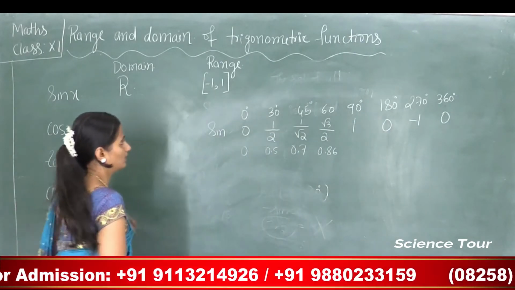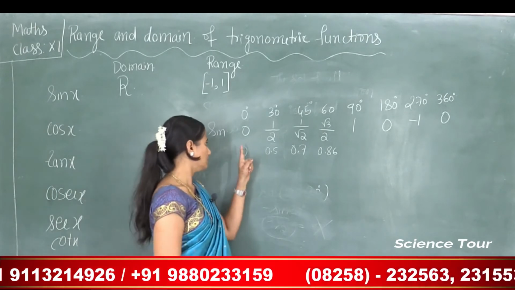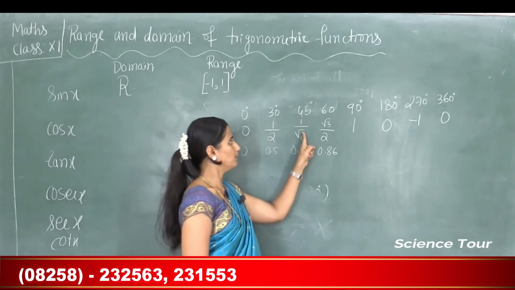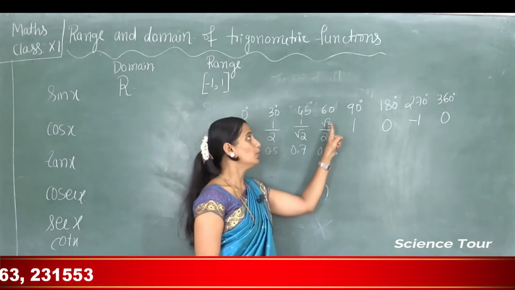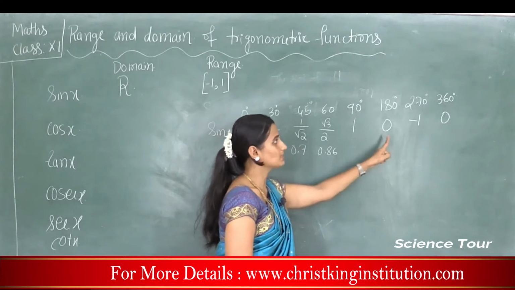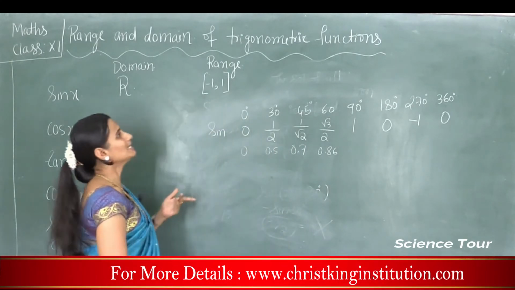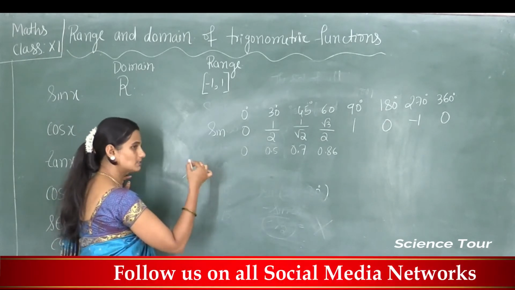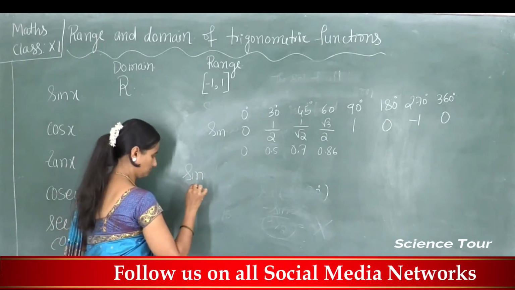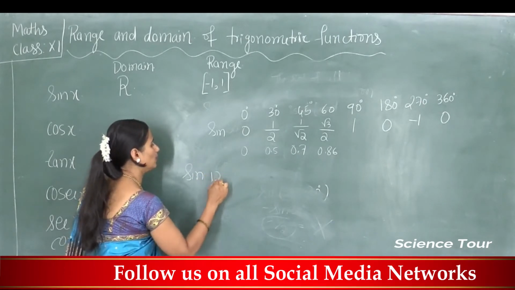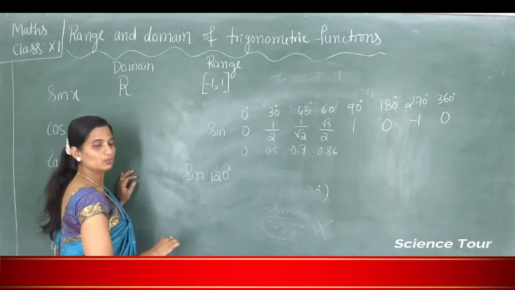Now, the values you wrote, right? So it is 0. 1 by 2 means 0.5. 1 by root 2 is 0.7. Root 3 by 2 is 0.86, and then 1, 0, minus 1. Now I take one value, sine 120 degrees.